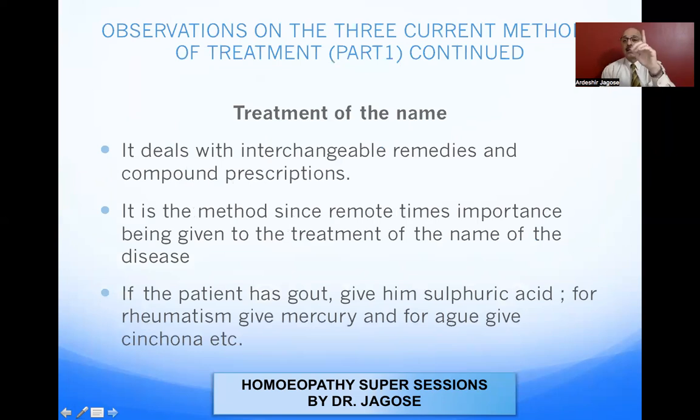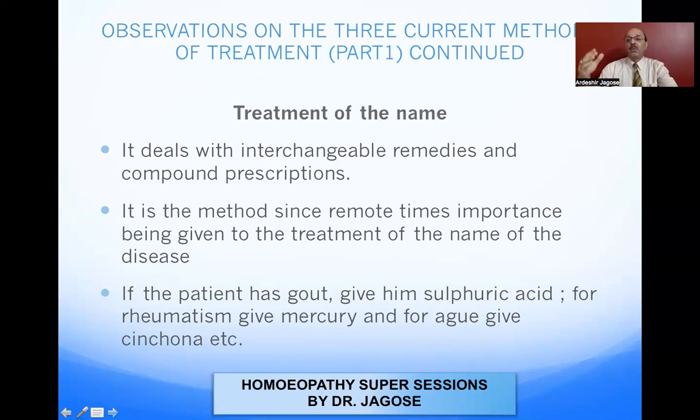So now let us see the first point, that is the treatment of the name. It deals with the interchangeable remedies and compound prescriptions. So Dr. Hahnemann says that during his time, whatever system of medicine was in vogue, they gave many remedies, or they gave interchangeable remedies. If one did not work, they gave the next one.